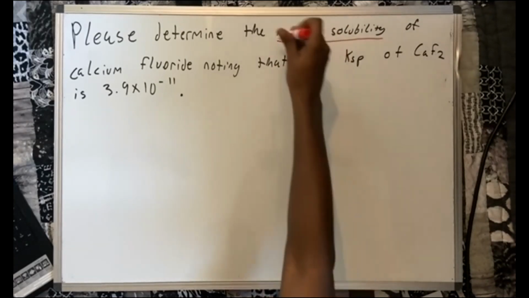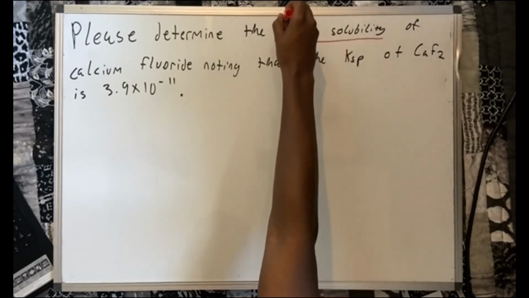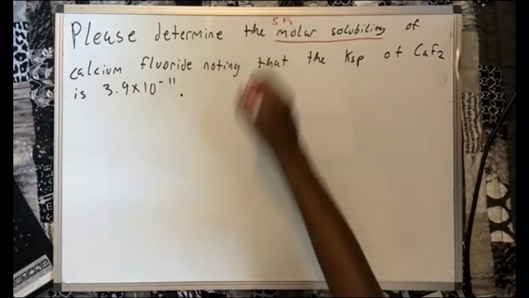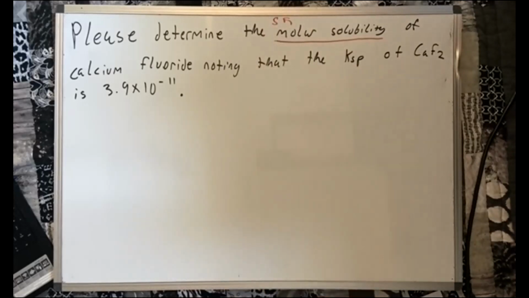S. Yeah, right. This is S. And we do our fancy ICE table, instead of X we write S, and we get our molar solubility.